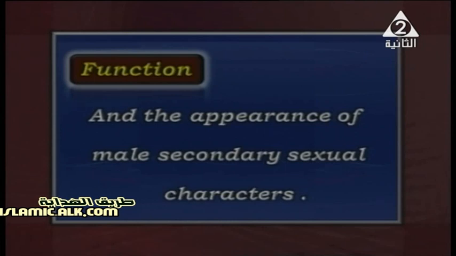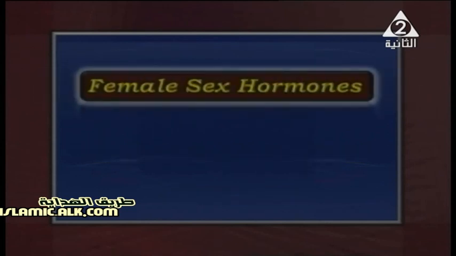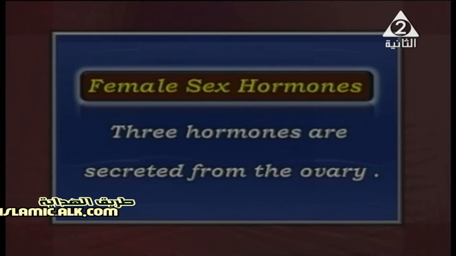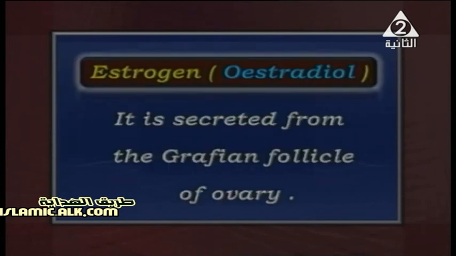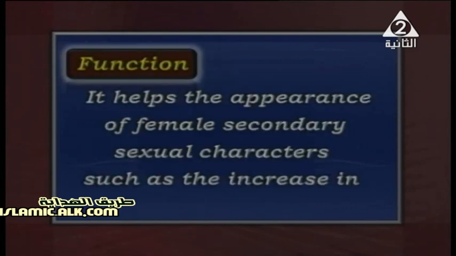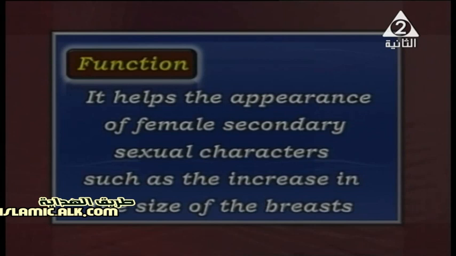But what about the female sex hormones? We have three hormones here. They are secreted from the ovary. Estrogen is secreted from the Graafian follicle of the ovary, and its function is to help the appearance of female sex characters, such as increasing the size of the breast, the voice becoming more delicate in females, and also accumulation of fats in some body parts.